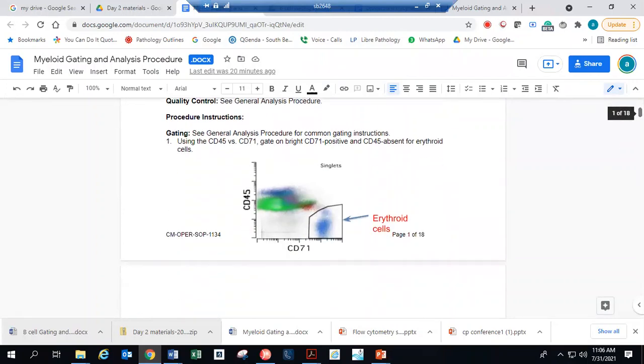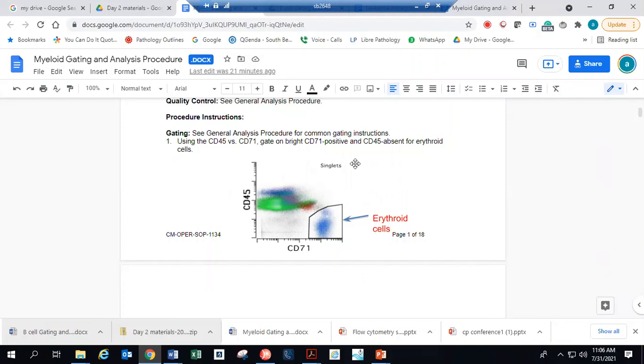I have made this file viewable but not downloadable for obvious reasons. So you cannot download these SOPs, unfortunately, and they will be available for the time that the course is here. I will see if I can make them available, and they will be available for the recordings too.